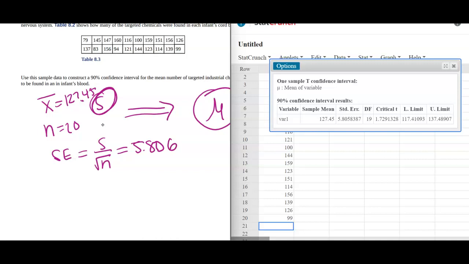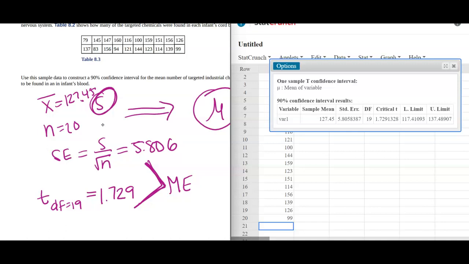Our t with degrees of freedom 19, which is usually how we write that, sometimes you'll put it in parentheses, but the little subscript is fine, is 1.729. And remember these two calculations here, that's what goes into your margin of error.